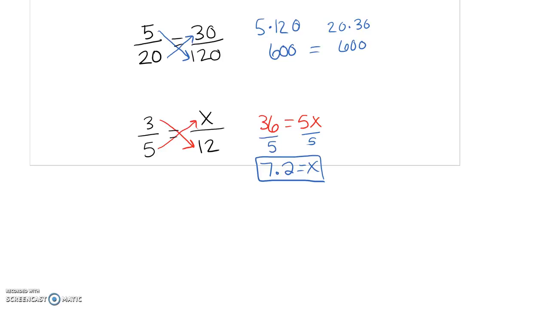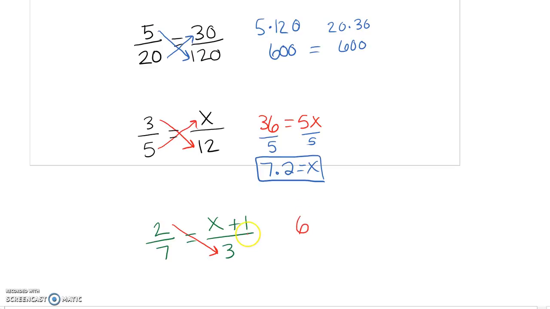It doesn't matter if it's more complicated than that. So let's say I have 2 over 7 equals x plus 1 over 3. I still need to know my extremes. So 2 times 3 is 6. 7 times x plus 1 is 7x plus 7. Do make sure that this gets distributed to both of the terms.